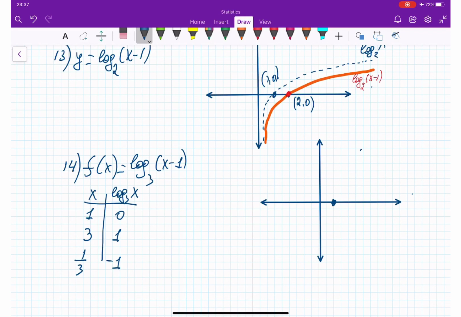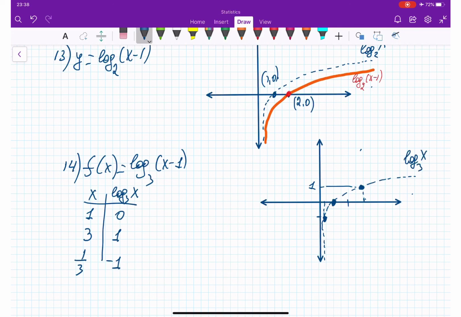So if this is 1 and 0, one point, and then 3 and 1, and the third point is going to be 1/3 and -1. So this graph is going to go like this. This is logarithm x by base 3.